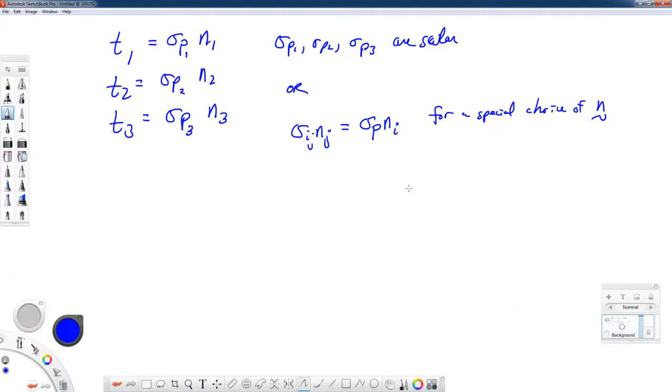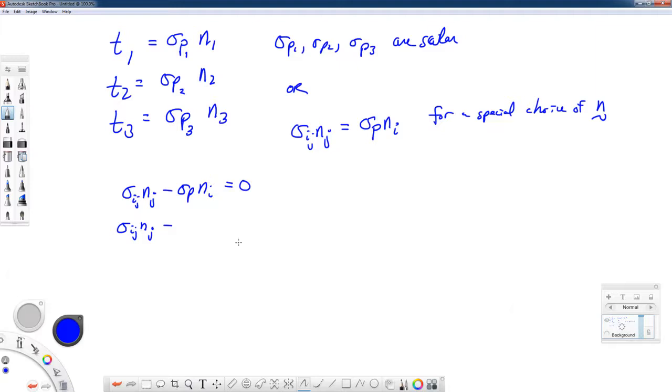And that sigma p could be sigma p1, 2, or 3. So if we work with this equation just a little bit, we can put both terms on one side. And we're going to do a little trick right here. It may not be completely obvious at first, but it works out.